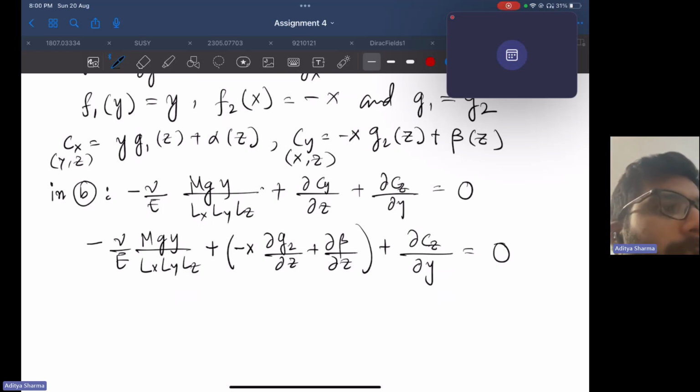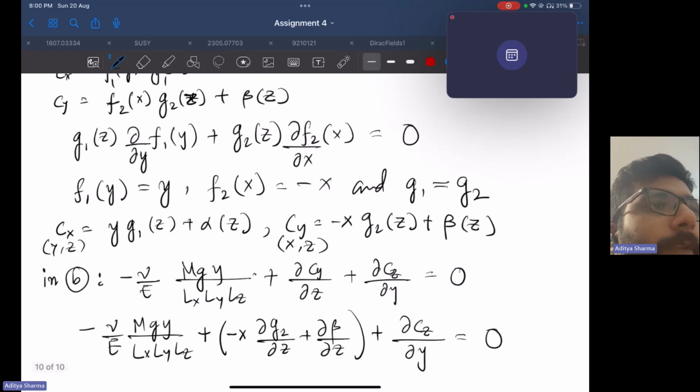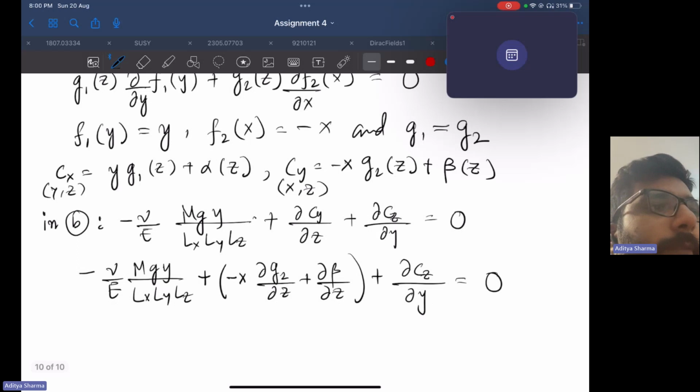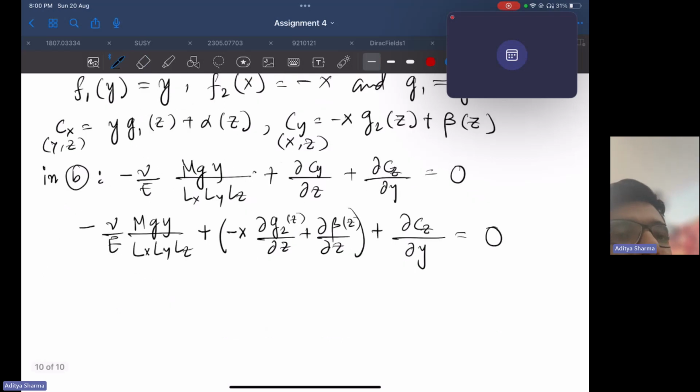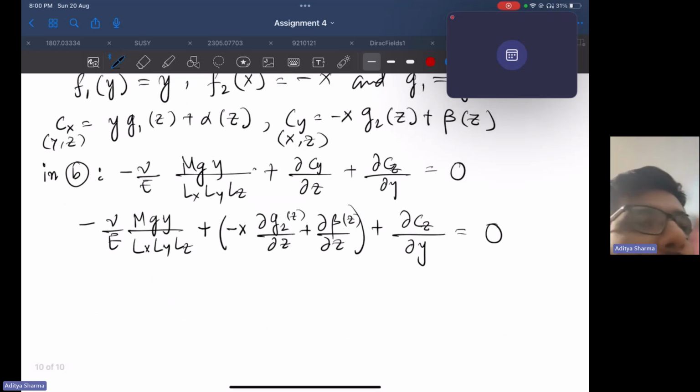We can differentiate the equation once again with respect to y. And if we do that, we'll find that this term goes to zero, and this is just a constant. But I don't think it's very useful. Anyways, g2 is a function of z, beta is a function of z, and this is y.